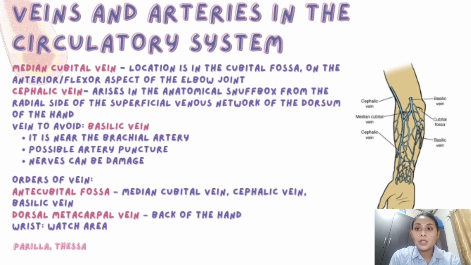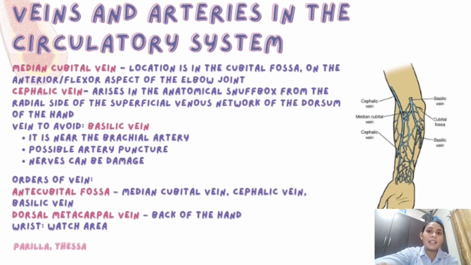So to sum up, our superficial veins are the median cubital vein, the cephalic vein, and the basilic vein. Yung median cubital location niya is nasa gitna on the anterior flexor aspect of the elbow joint. Yung cephalic naman arises in the anatomical snuffbox from the radial side of the superficial venous network of the dorsum of the hand. Ito yan siya. Yung basilic naman is dito.